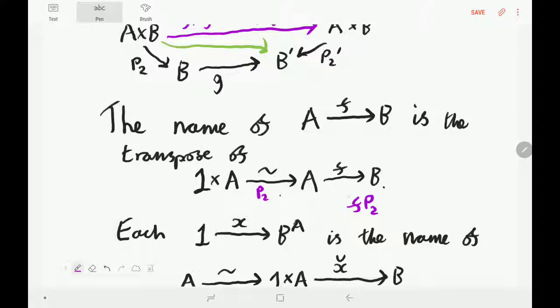And then if we take the transpose of that, we get this arrow from 1 to b to the power of a.